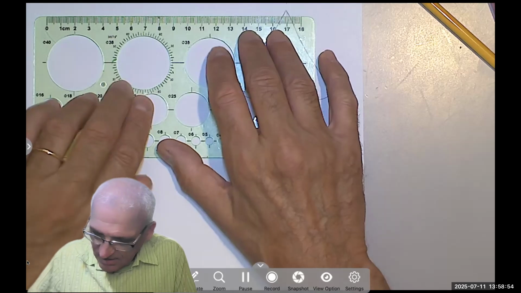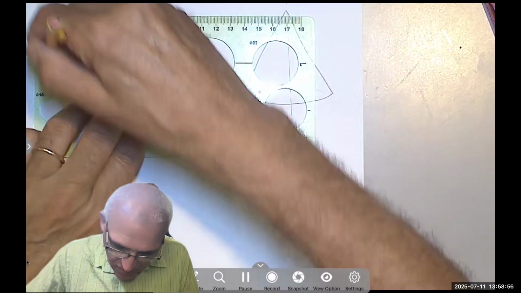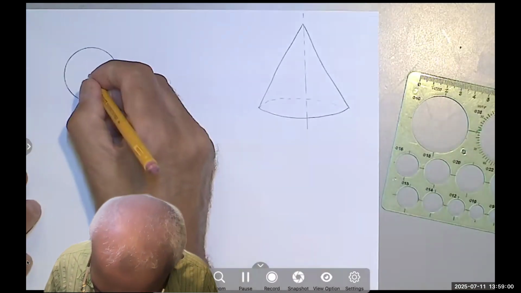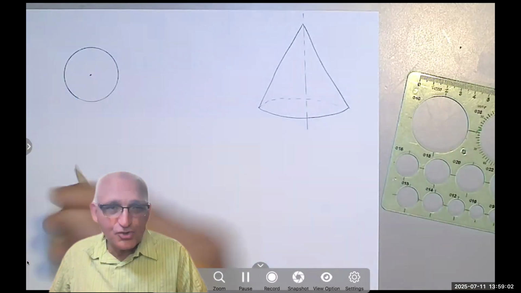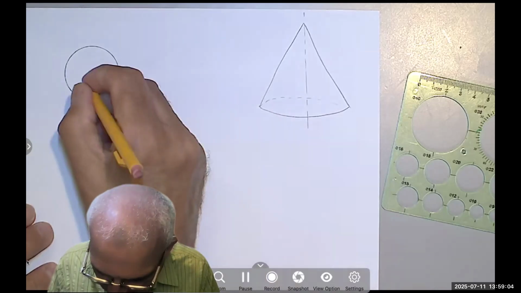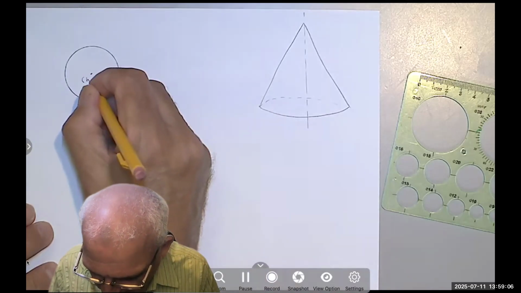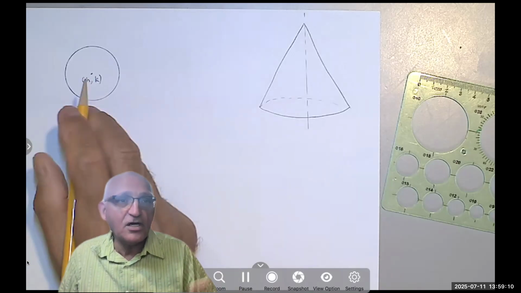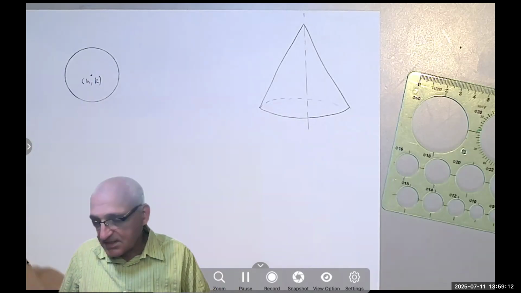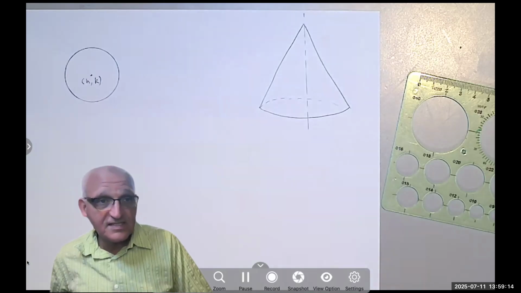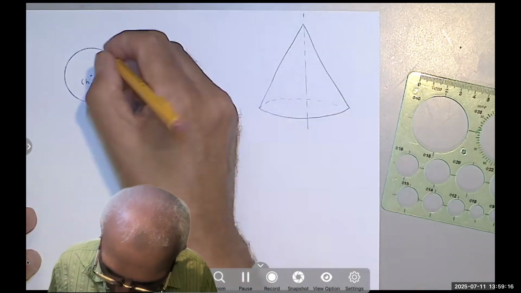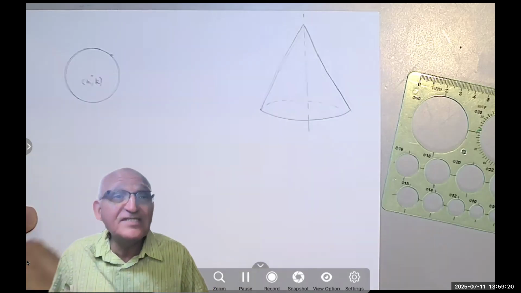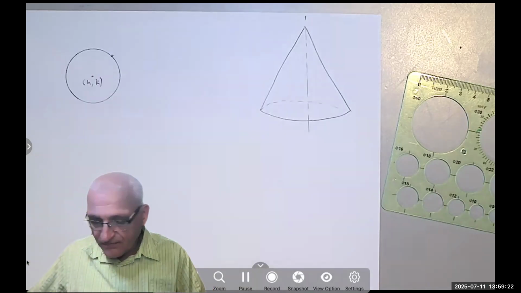So maybe that's an easier way to draw a circle. And let's say the center here is any point. Usually in math, we say it's H and K. So the x coordinate, it doesn't have to be the origin. The x coordinate is H and the y coordinate is K. And then, like we said, any point on the equation would satisfy the equation of the circle.